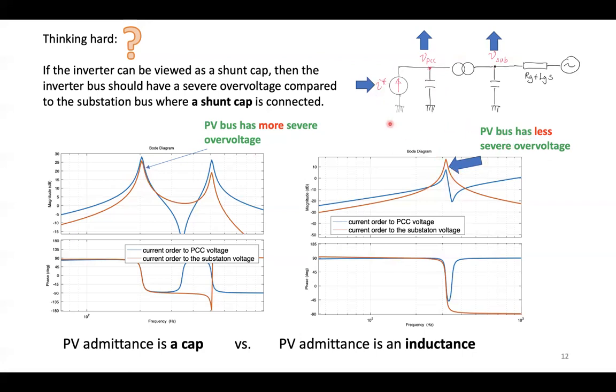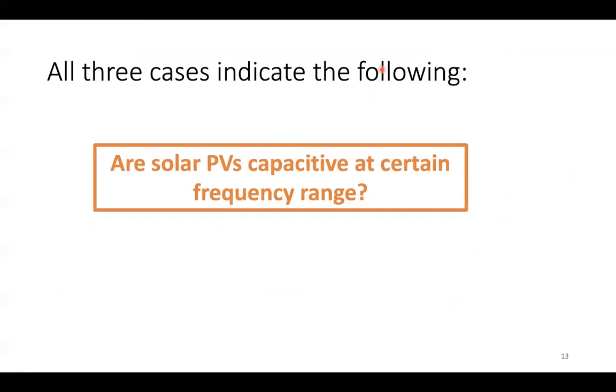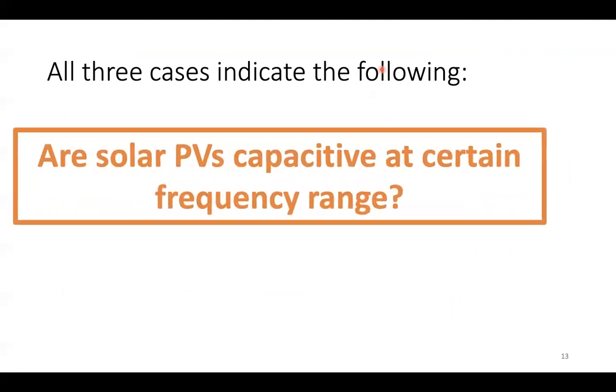Using this quick example, if we base it on real-world hints, then the PV should have some capacitive component. So all these three cases indicate that solar PV is capacitive in a certain frequency range. And this has been verified by real measurements as well. Now we have more confidence.